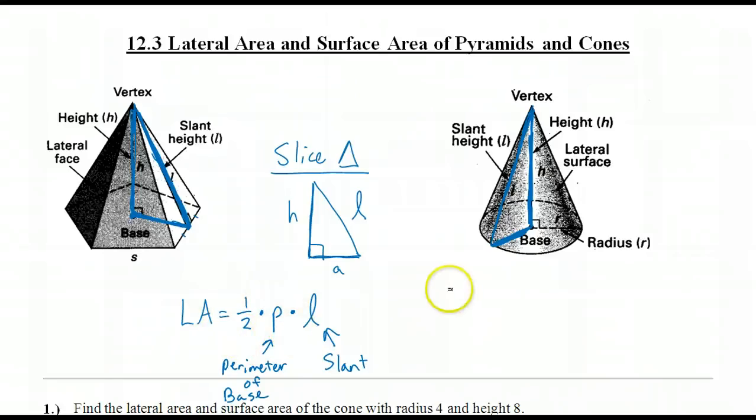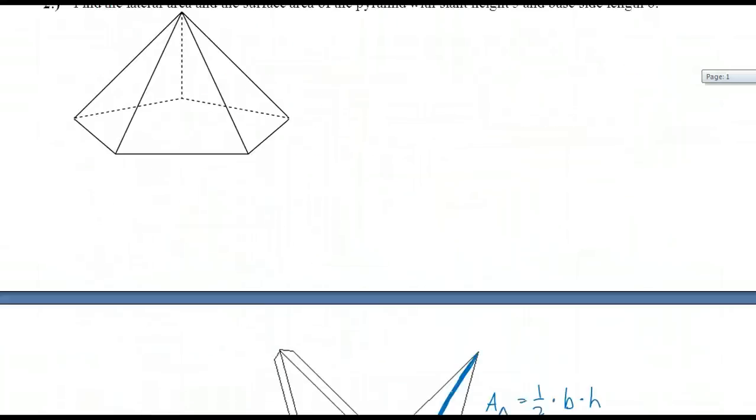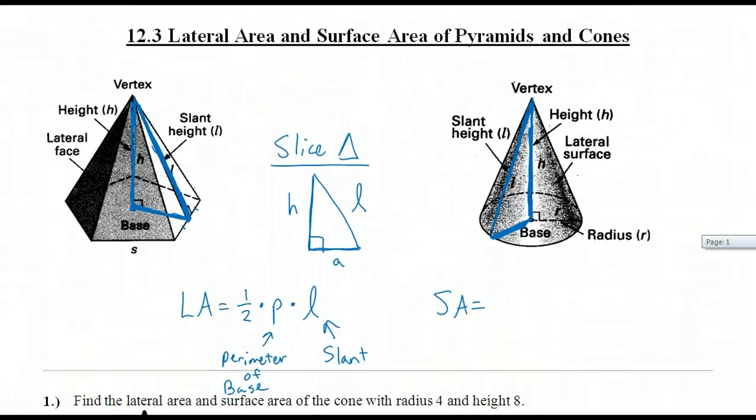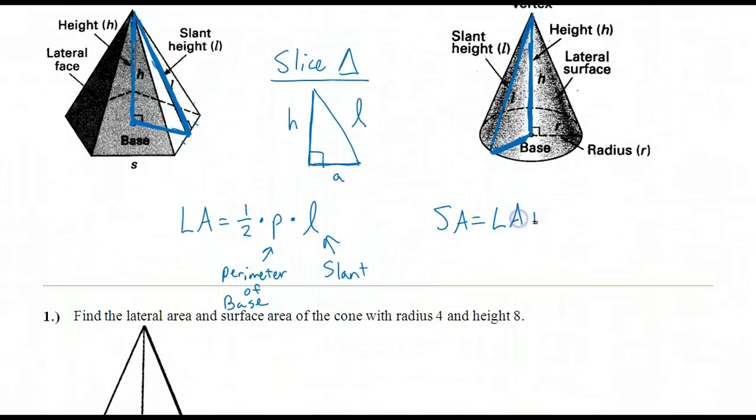Now, from my lateral area to figure out my surface area, I want the area of all of these triangles, and the area of my base. So I want my lateral area and one bottom.